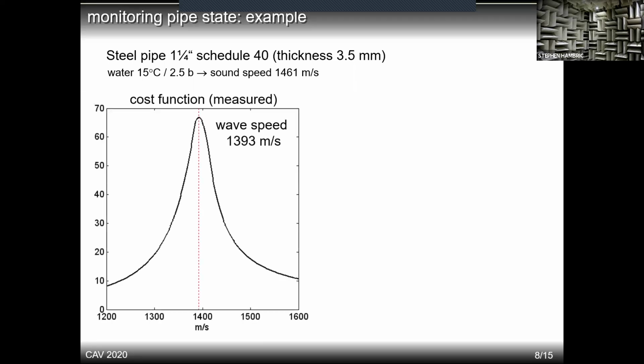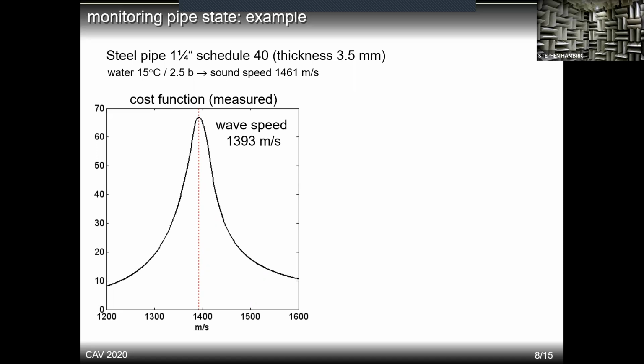Now we measure by a technique which I have mentioned before, involving a cost function of auto and cross spectra of signals, the wave speed in the pipe, which turns out to be 1393 meters per second.